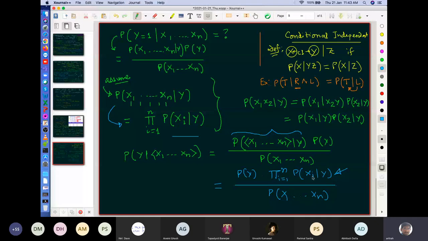Now, how many probability estimates do you need for this? n for y equal to 0 and n for y equal to 1. So you need 2n plus 1 estimates during training to figure out anything after you train and then try to classify.